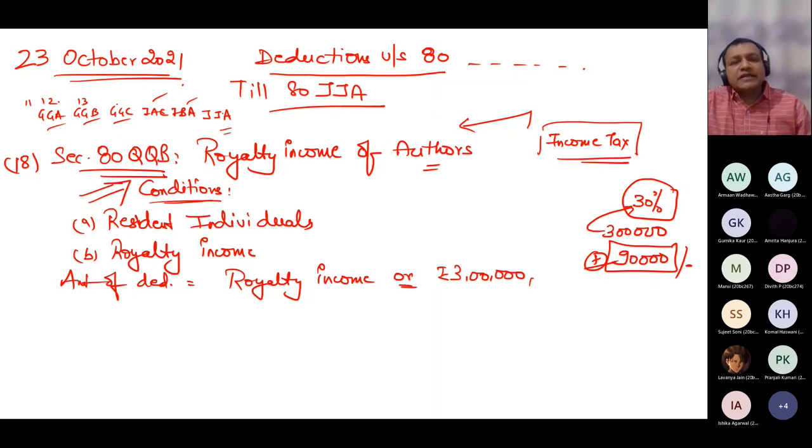Like in 80C we have the maximum ceiling of 1,50,000, 80CCC 1,50,000, 80CCD maximum 10% of salary or 14% of salary, 80CCD(1B) maximum 50,000. In 80D it is 25,000, or if senior citizen, extra 25,000. But there is normally a maximum ceiling in every deduction. So 80QQB is not the exception. Here also the royalty income or 3 lakh, whichever is less, is allowed as a deduction.